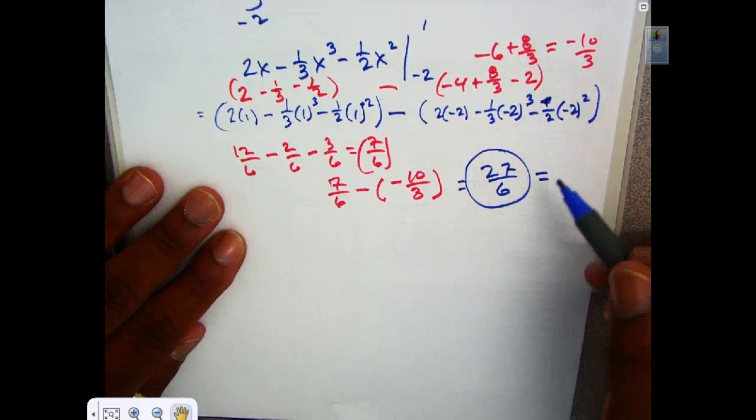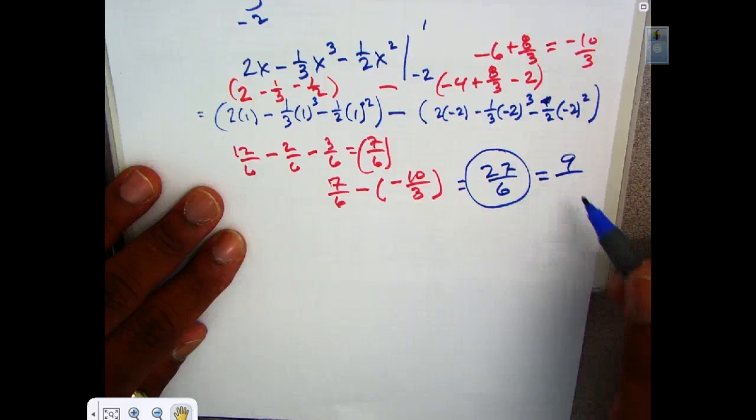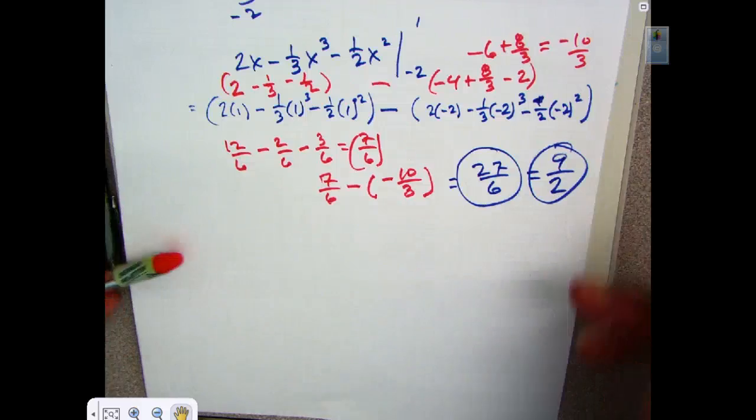So 3 goes into both, right? So how about 9 over 2? Is 9 over 2 okay? Okay. 4.5? You have 4.5? Okay.